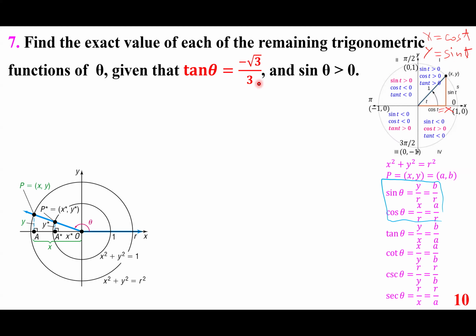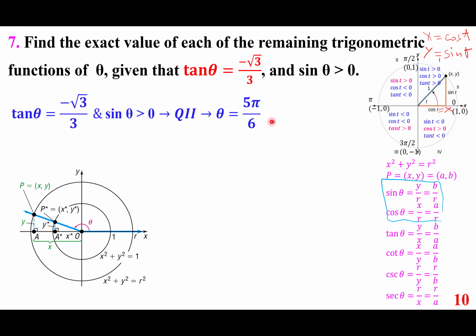Tan of theta is a given and it's negative. So if tan is negative, class, then it has to be either this one or this one. But which one? Well, sine is positive in this one. It has to be quadrant 2. And since this is a common arc, theta becomes 5 pi over 6.